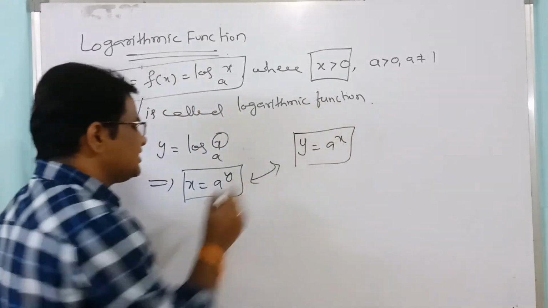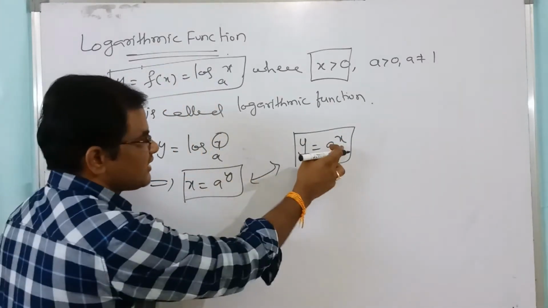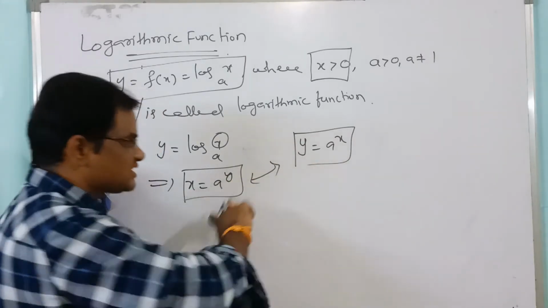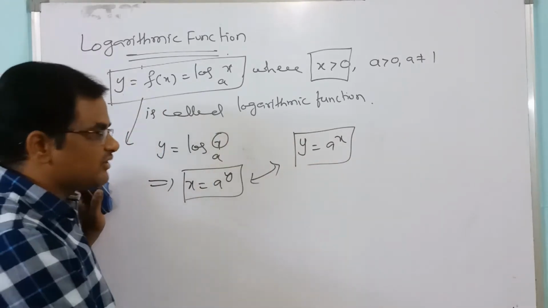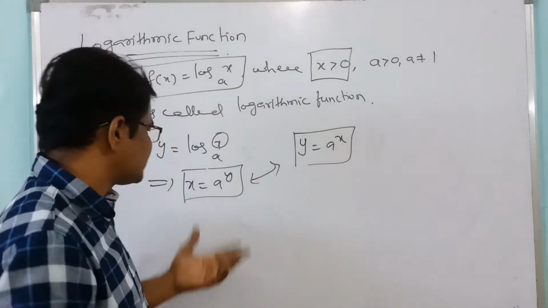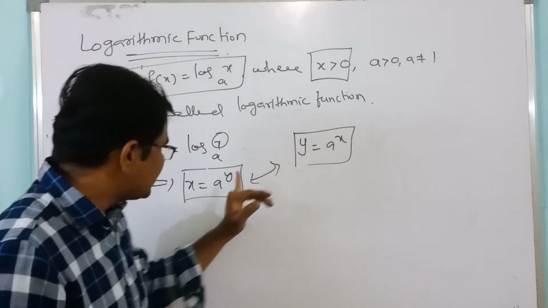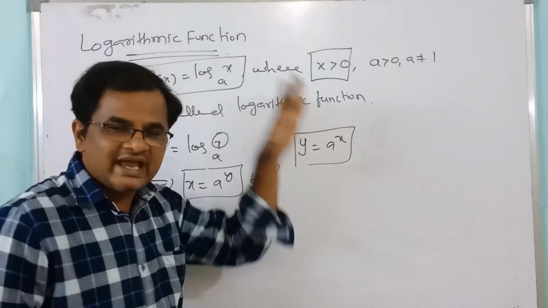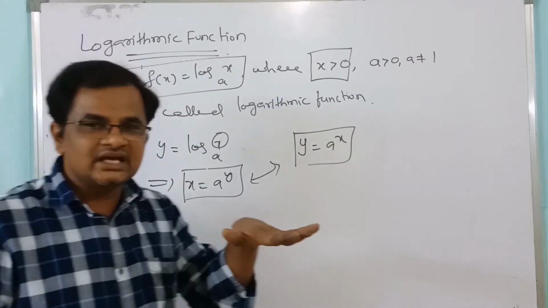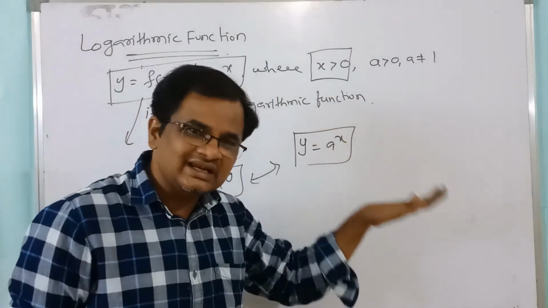What is the difference between these two? Here x is there, here y is there. Means y changes to x, x changes to y. So from the exponential function, I will draw the graph of the logarithmic function, because all x values change to y values, and y values change to x values. Exponential function intersects the y axis, but the logarithmic function intersects the x axis.